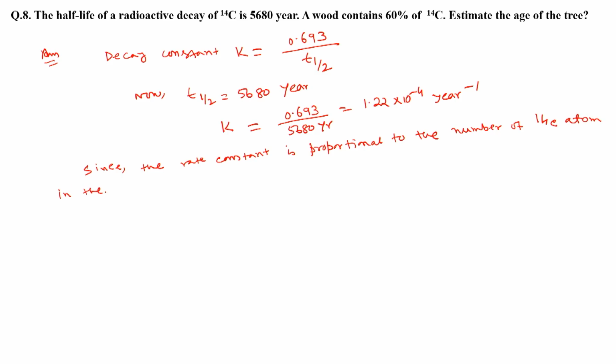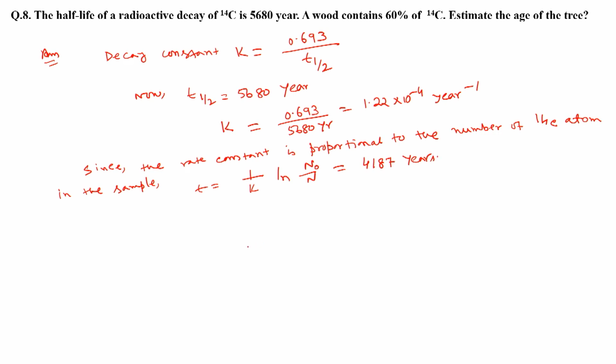The sample means the tree, right, here. So we can write T is 1 by k ln N naught by N. If we calculate this, we get 4187 years.